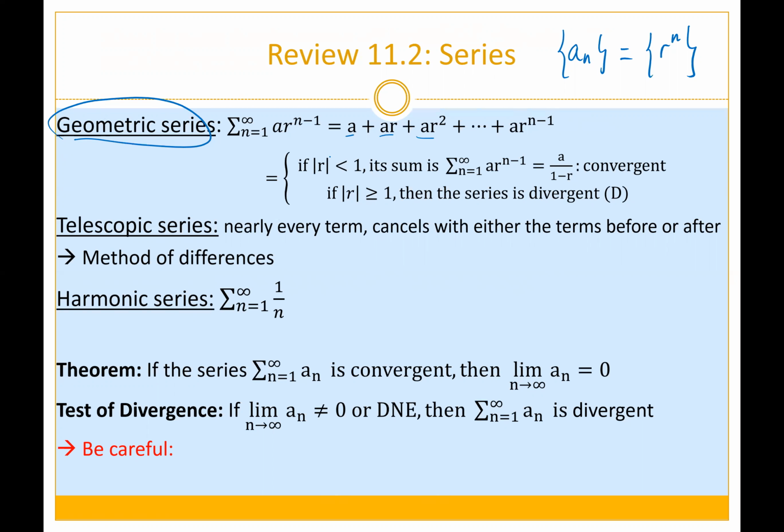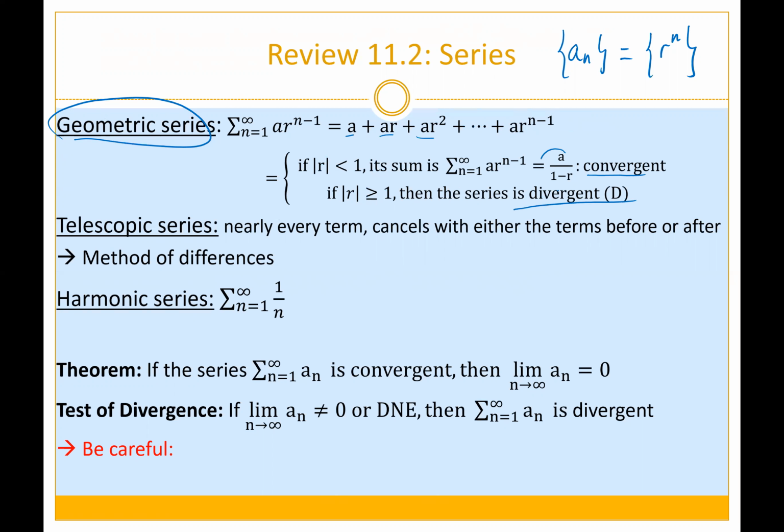If you add all of these together, we have the geometric series. This series is going to be convergent when the absolute value of r is smaller than 1, and when the absolute value of r is bigger than or equal to 1, it is going to be divergent.